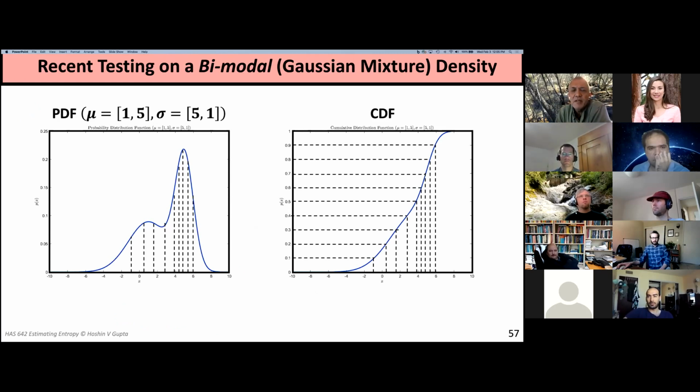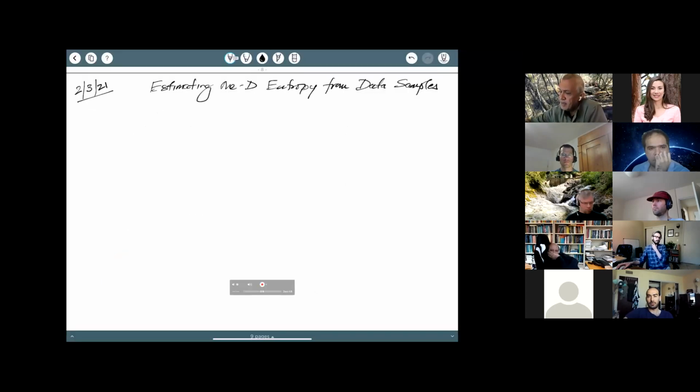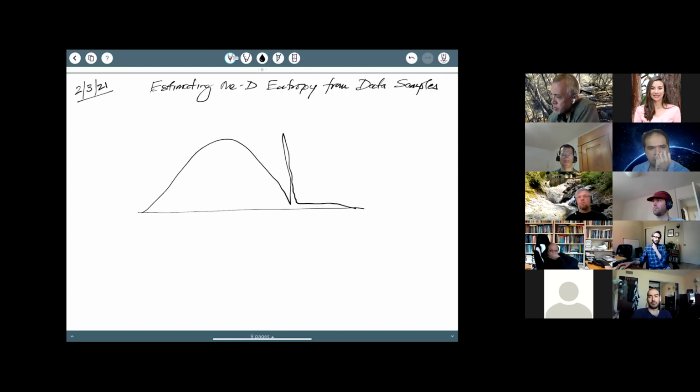Yeah, okay. Here's where I think the problem will run into. Let's say that I have, actually, let me draw a picture. Let's say that I have a distribution which looks something like this. So I've got a very tall spike in a very small region, a high probability density, but a very low probability mass.